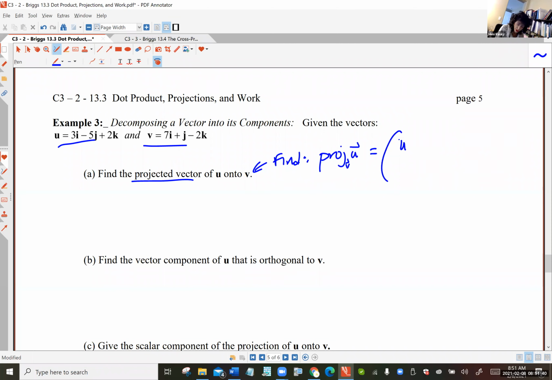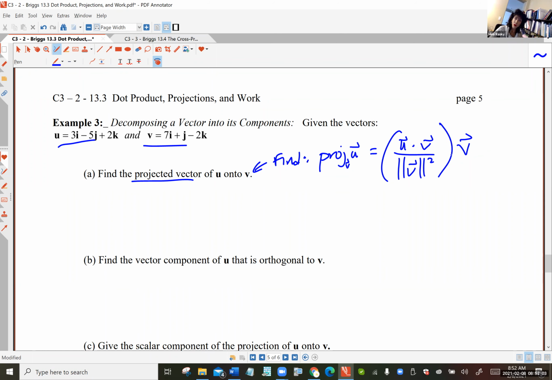If we use the formula that says the dot product in the numerator, it's going to be a scalar times a vector. And there's two choices for your denominator that I like, either the magnitude of v squared or the dot product of v with itself. Now I want to say something before I do this problem. And you may want to even make a note to yourself, because this is weird.